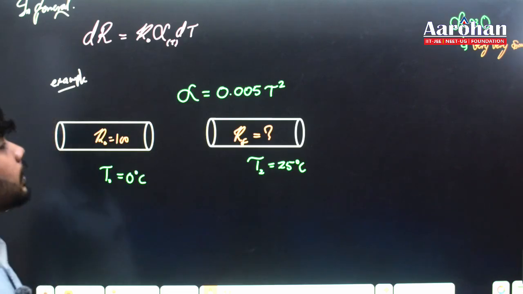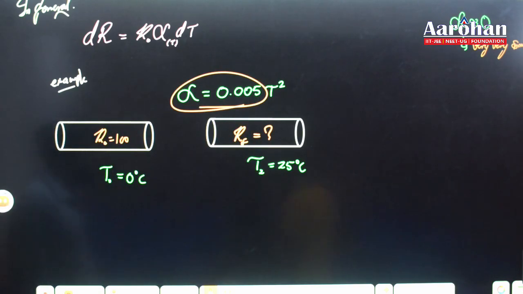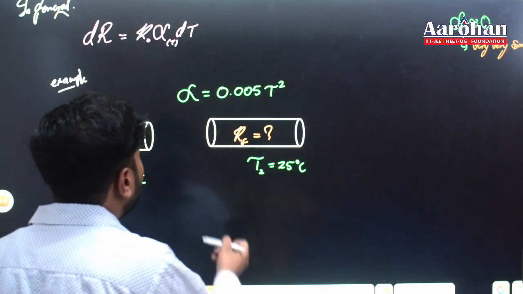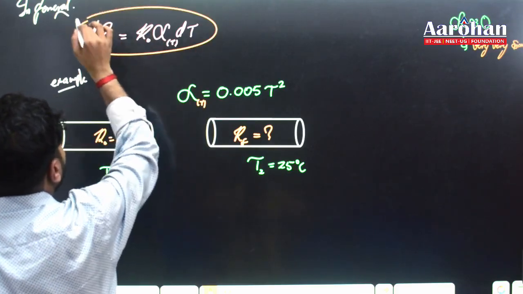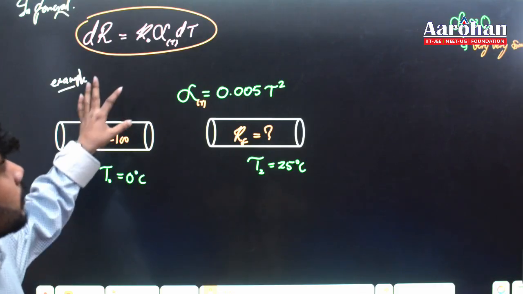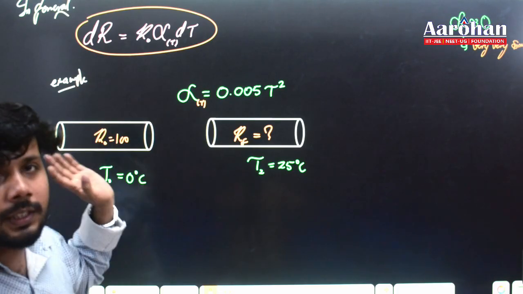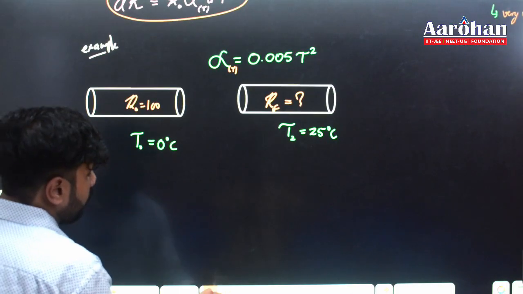Now you can see that if alpha is simply a number, you can use the previous equation to solve it. But because alpha is also a function of temperature, we have to use this equation. This equation can work at any point, whether alpha is constant or variable. Because if alpha is constant, everything comes out of the integral sign, and you just integrate dT, which gives you delta T. But in this case, we have to use the differential equation.